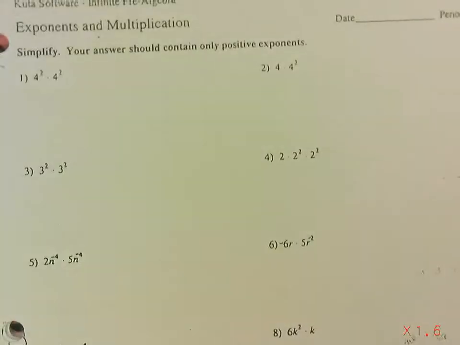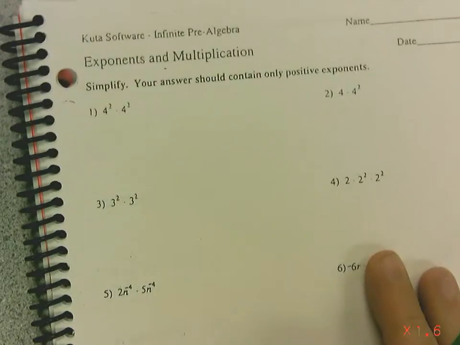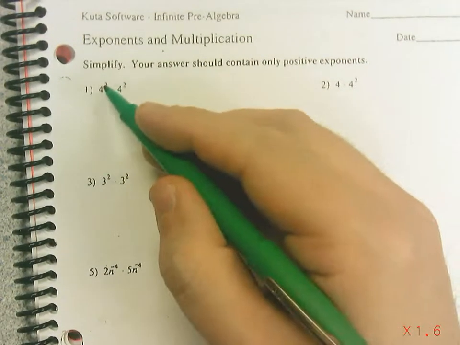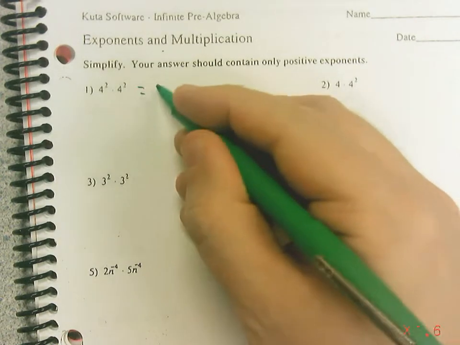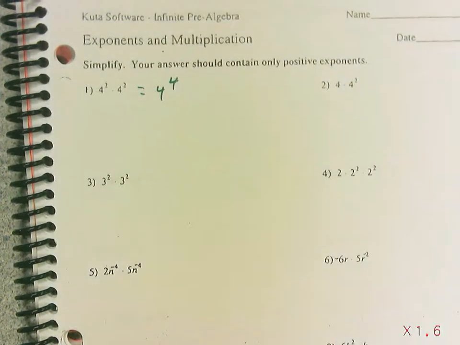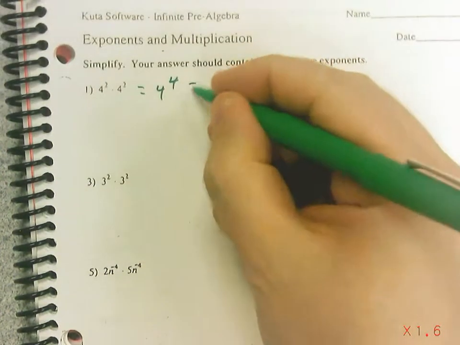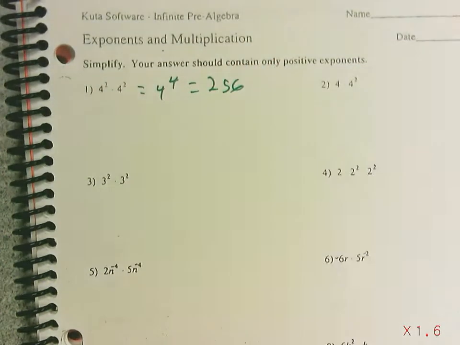Okay, so let's look at some examples here. If I look at number 1, I have 4 squared times 4 squared. If I add those exponents together, it's going to become 4 to the 4th power, which is 256.